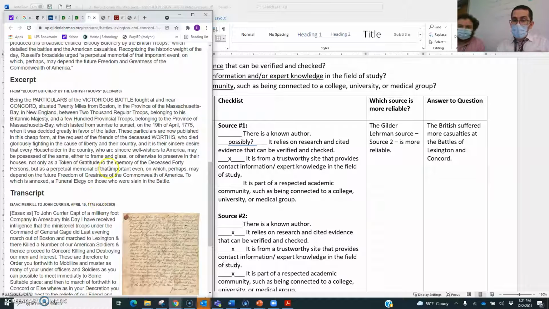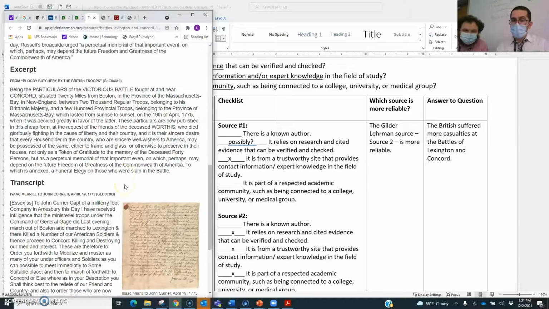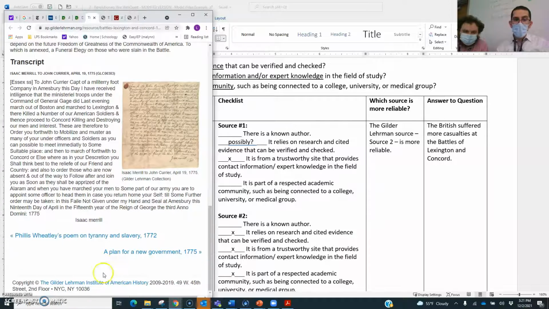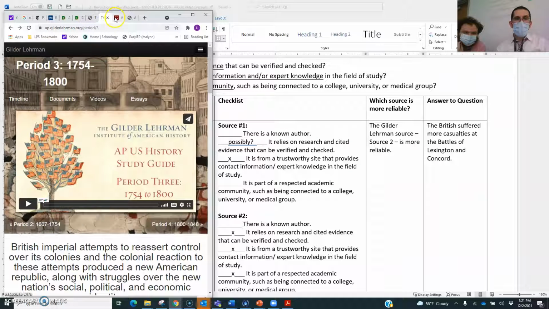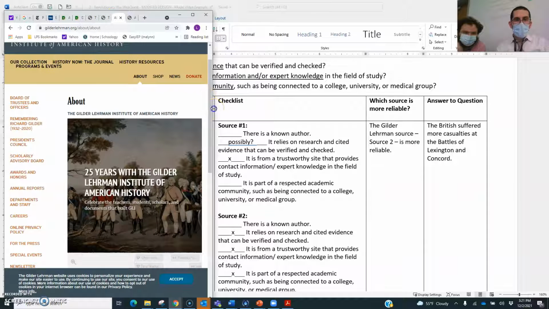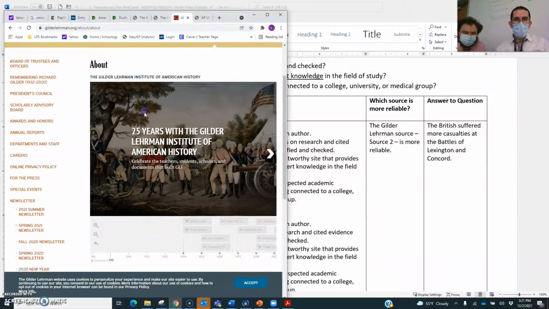Next up, is it from a trustworthy site that provides contact information and expert knowledge in the field of study? Well, if I go on the Gilder Lehrman Institute of American History website and click on that, it pulls up contact information about who Gilder Lehrman is.